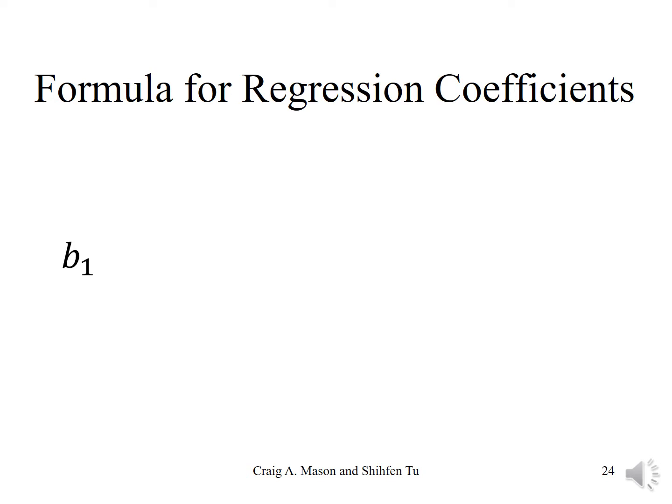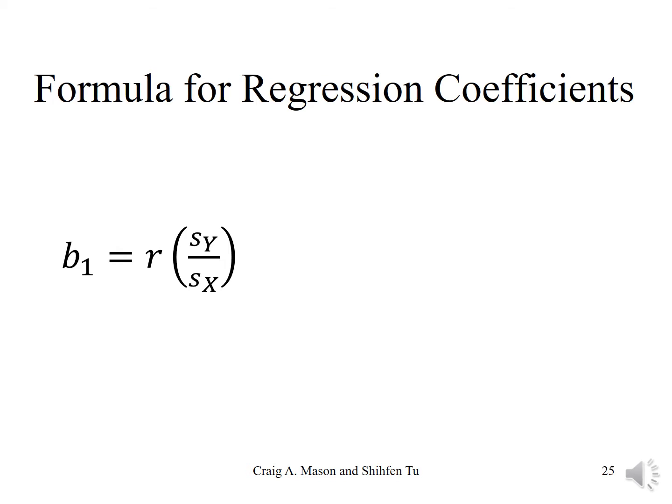Specifically, in simple regression, where we have a single predictor variable, the slope of the regression line b1 is equal to r, the Pearson product moment correlation, times the standard deviation of y divided by the standard deviation of x.